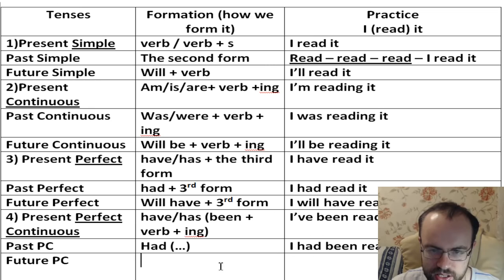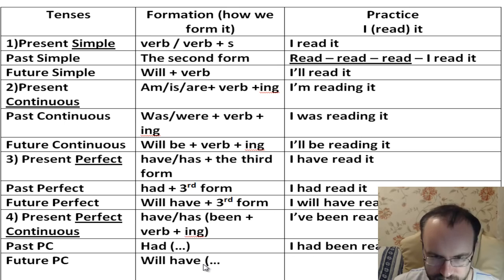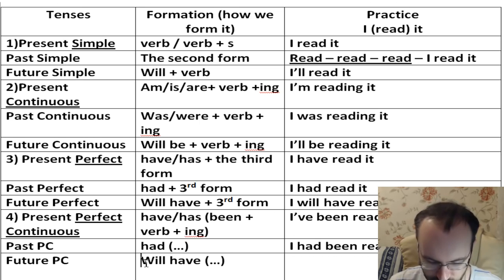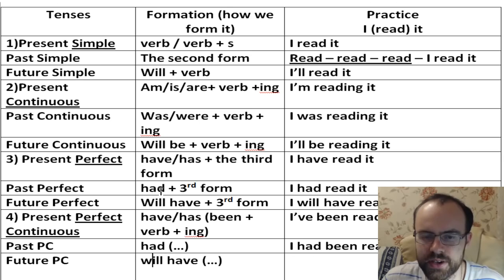And you see future perfect continuous, it's will have plus what? Plus the same thing: been plus verb plus ing. Okay? So let's revise it very shortly.